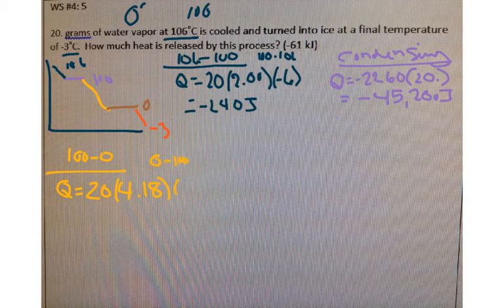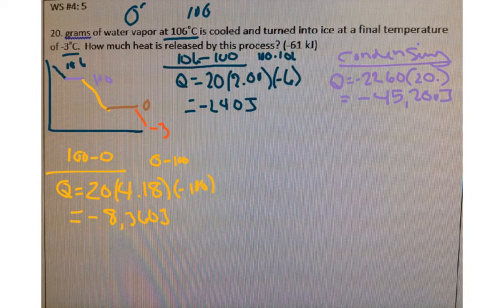You should always be getting the same sign. If you're getting positives, you should get positives for the whole problem; if you're getting negatives, you should get negatives for the whole problem. When you multiply this out, you end up getting -8,360 joules.